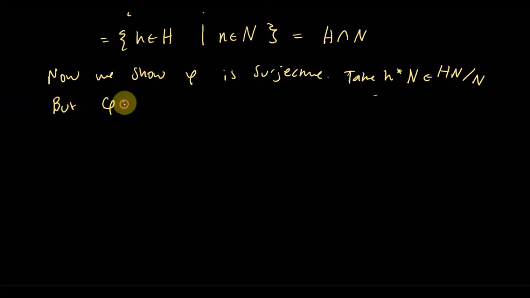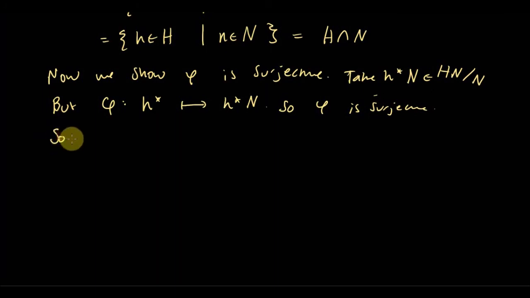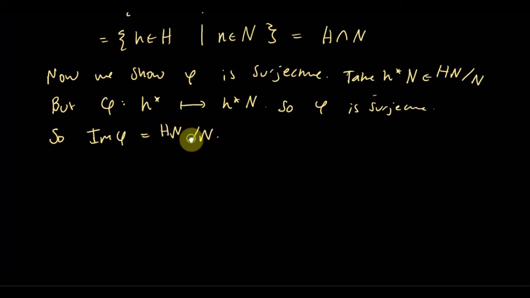Phi maps h star to h star N. So phi is surjective. So the image of phi is equal to the target set Hn mod n, or the target group, if you will.